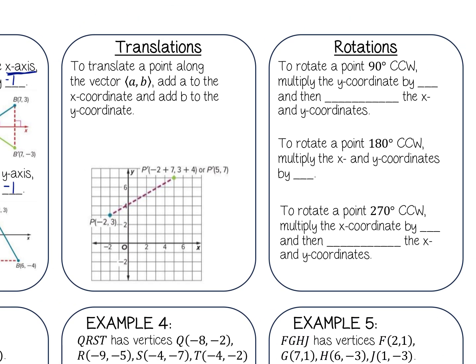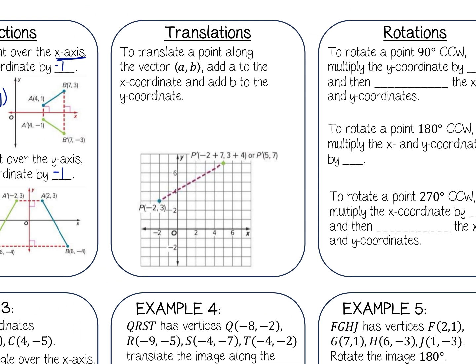Okay, so over here, we're looking at translations. It says to translate a point along the vector <A, B>. So this looks like an ordered pair, but what makes it different is these arrow-looking brackets. Okay, that indicates that it is a vector. So you are going to add A to the x-coordinate and add B to the y-coordinate.